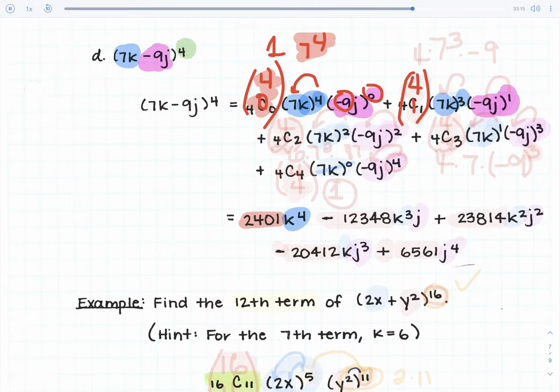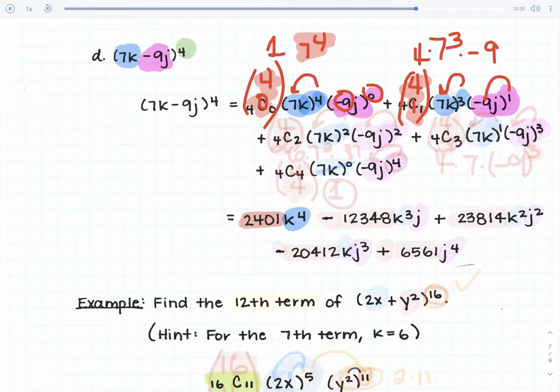Our combination of 4 with the 1 on the bottom will just give us a 4. But then we have to multiply that by the 7 to the third power as well. And we also have a negative 9 to the first power.